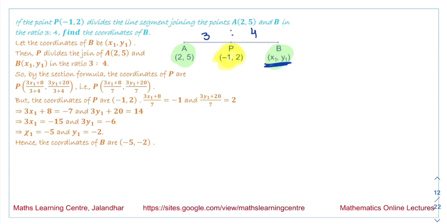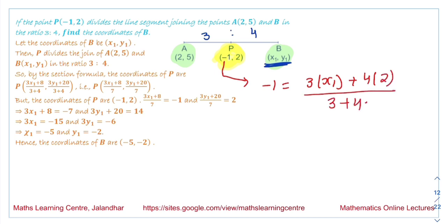So what we will have is this minus 1, that will be equal to 3 into x1 plus 4 into 2 over 3 plus 4. We are saying this is 2 into 4 and this is 3 into x1.